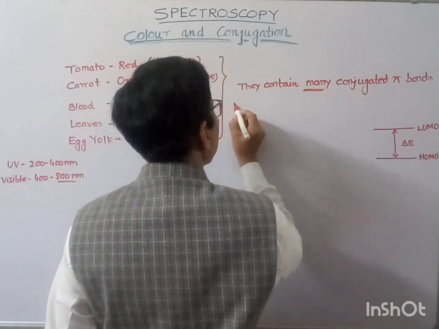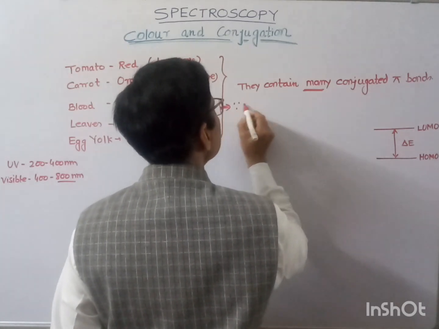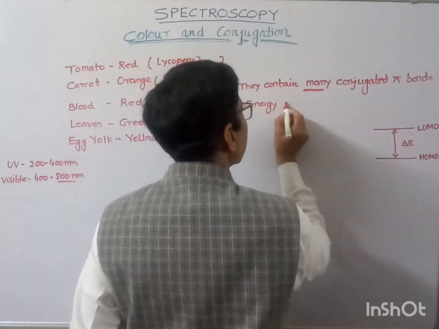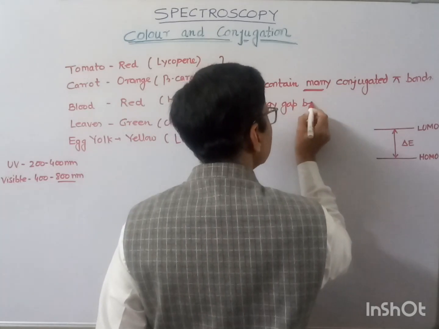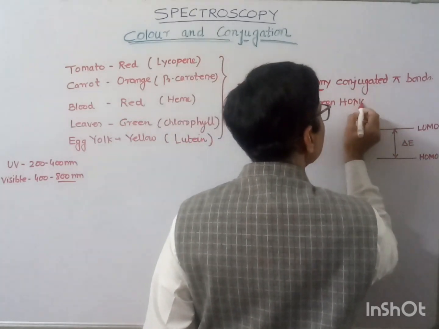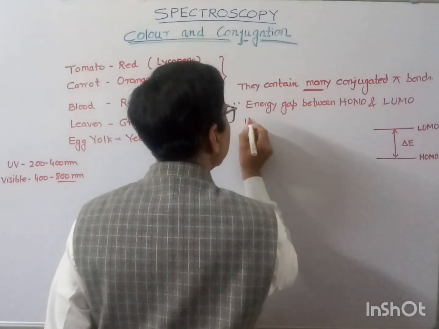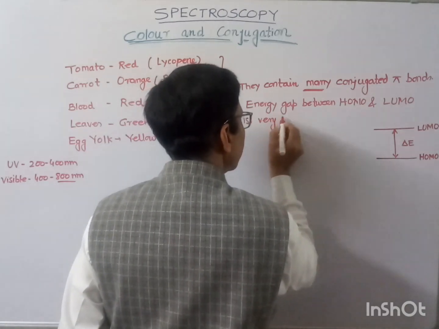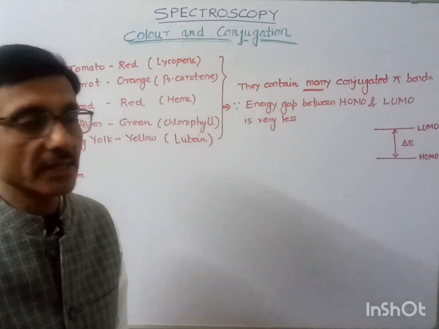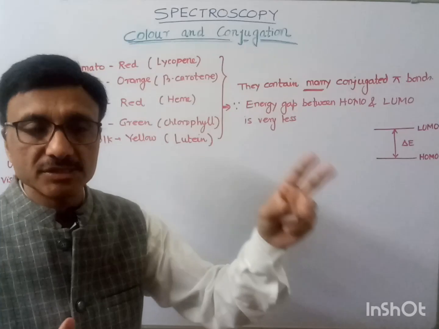Why are they colored? Because the energy gap between HOMO and LUMO is very less. As the number of conjugated pi bonds increases, the energy gap between HOMO and LUMO starts decreasing.